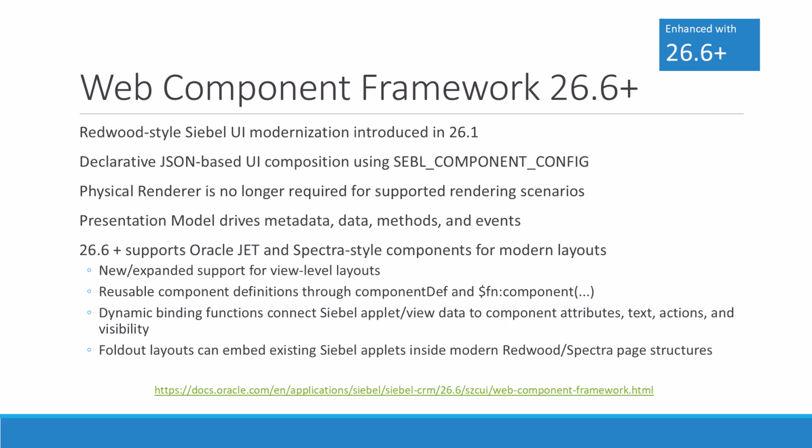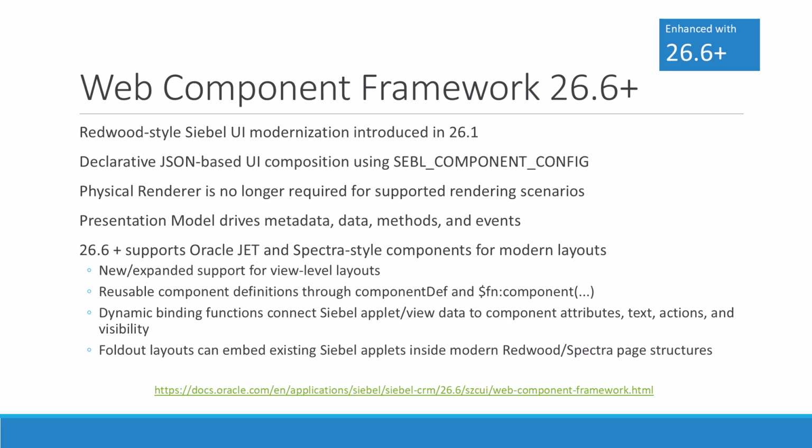Siebel 26.6 also sees various improvements in the fledgling Web Component Framework for OpenUI. This one was first released in 26.1, and the June release brings a lot of stabilization and improvements. Siebel 26.6 refines the OpenUI Web Component Framework into a clearer, more usable path for rebuilding Redwood-style Siebel experiences.